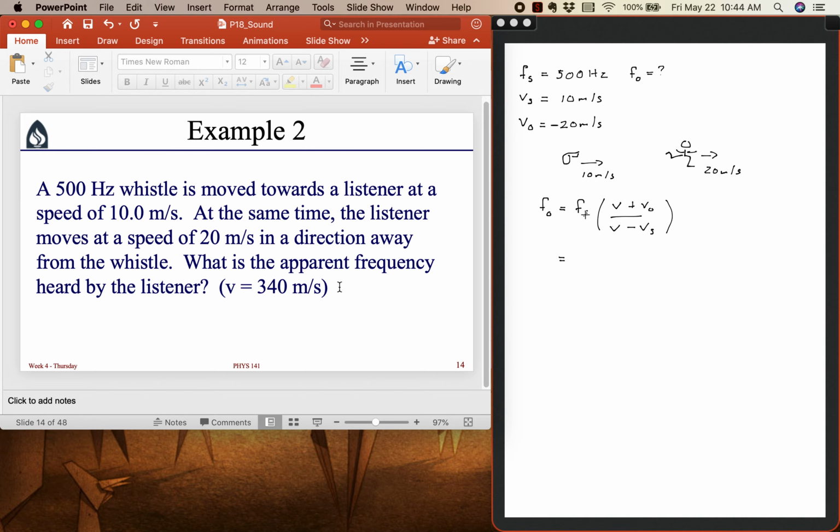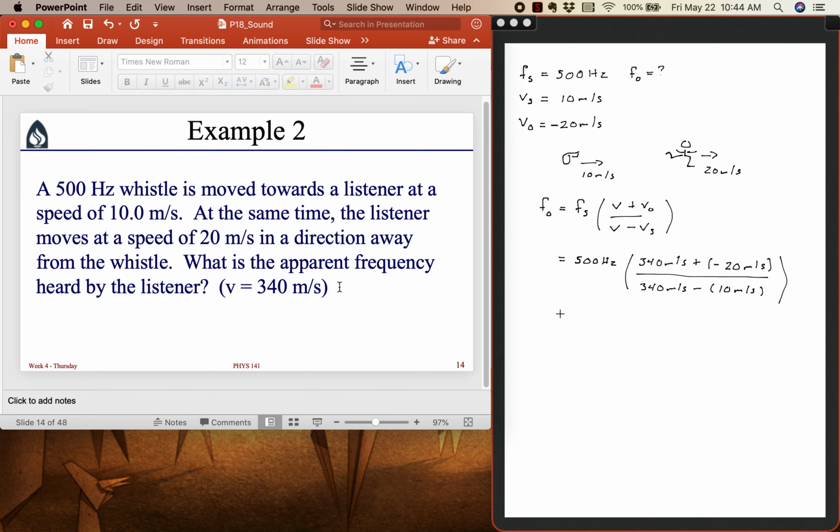The frequency produced by the source is 500 hertz. The speed of sound, we're told, is 340 meters per second, plus the velocity of the observer, which is a negative 20 meters per second, divided by the speed of sound, 340 meters per second, minus the velocity of the source, which is a positive 10 meters per second.